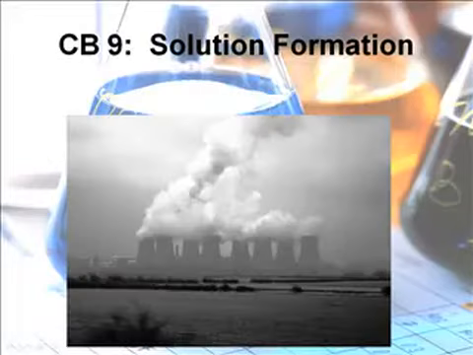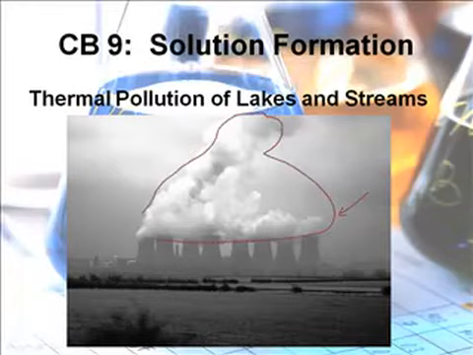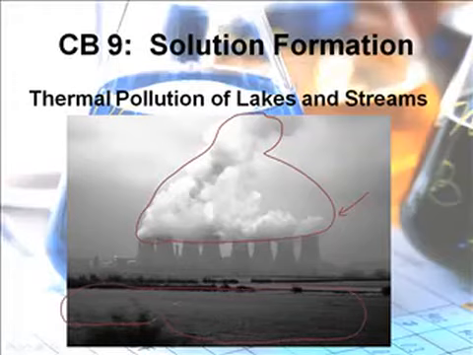Now, an interesting application of this is something called thermal pollution. If you have a factory or a power plant, and they put power plants near bodies of water, as in this picture. Any ideas why? It's because they need to use the water to cool down their equipment. So if you take water from a lake or a stream and use it to cool your equipment, you then expel warm water back into the water.